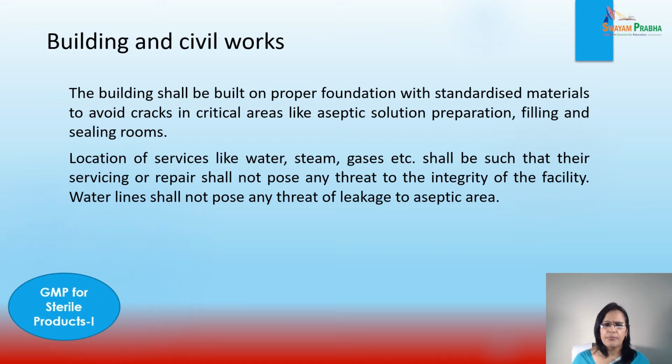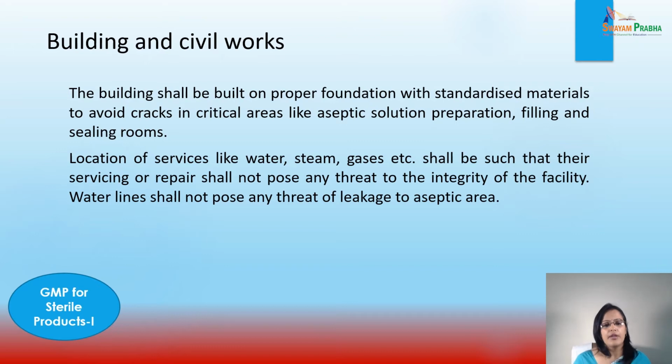Point number 1 is that the building shall be built on a proper foundation with standardized material to avoid cracks in critical areas, like the aseptic area, preparation, and filling and sealing room. These three are very important areas in the manufacturing section: aseptic solution preparation, filling and sealing.